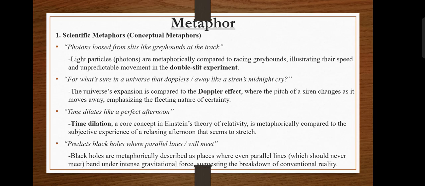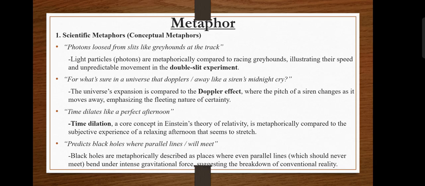So here also we can say that scientific metaphors are there, and photons loosed from slits like greyhounds at the track. So this compares photons to racing greyhounds, showing their speed. Actually, we cannot say that it is completely a metaphor. It is also a simile because they are using the word like, but here they are illustrating the speed and unpredictable movement in the double slit experiment.